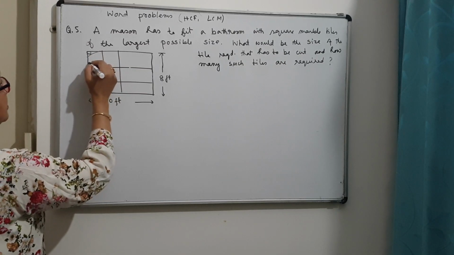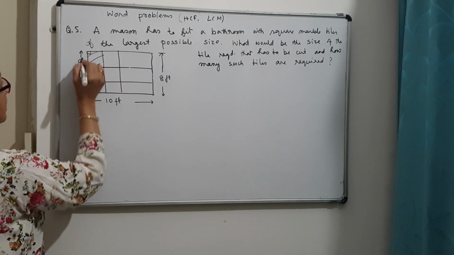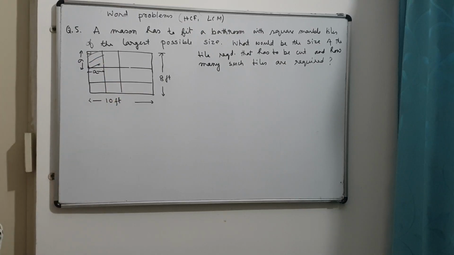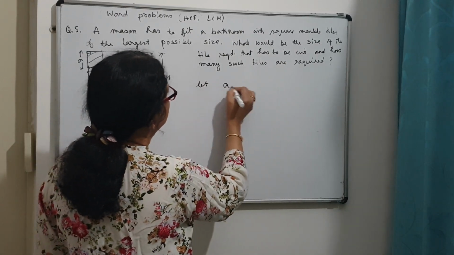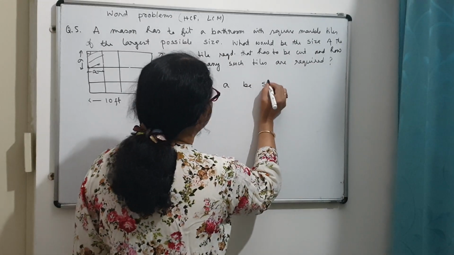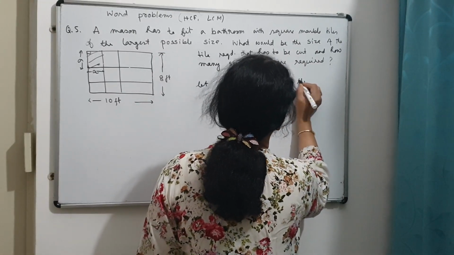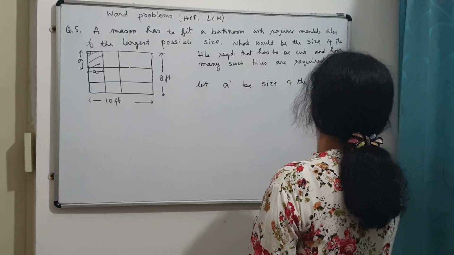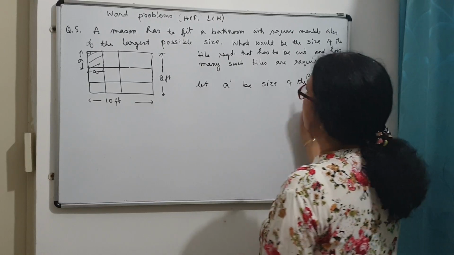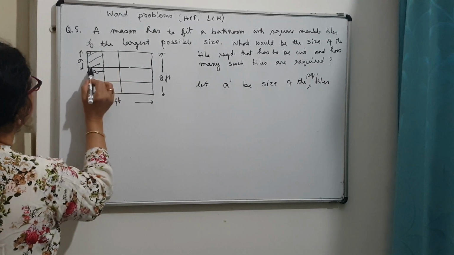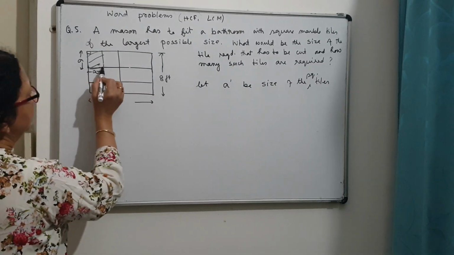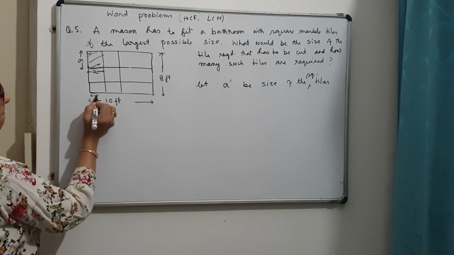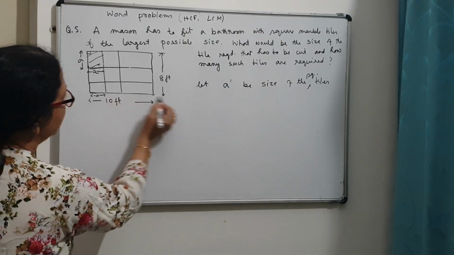These are the square tiles, and let A be the size of the tiles, here in feet, so A feet. Then the side of the square has to be a factor of this 10 feet, because out of this 10 feet, this side of the square has to be cut out.